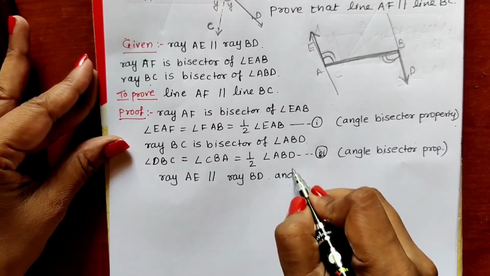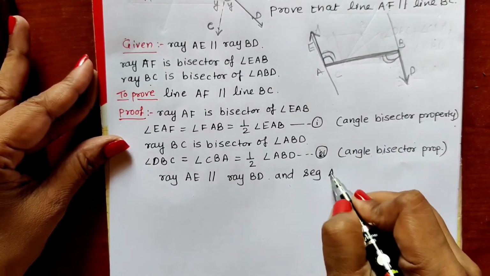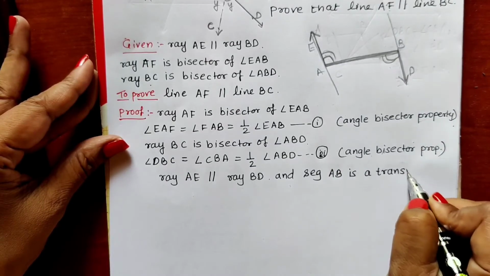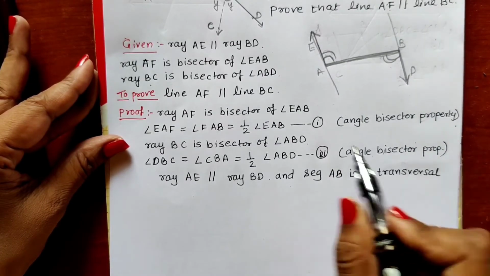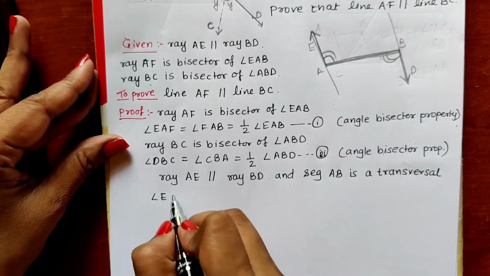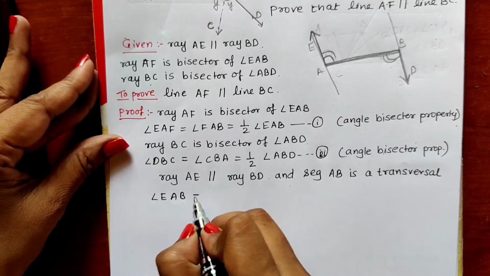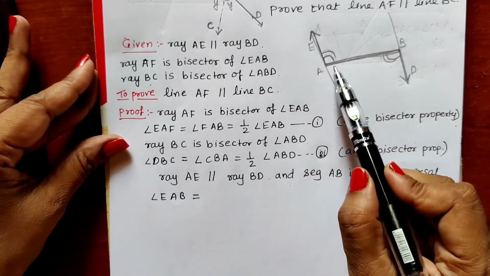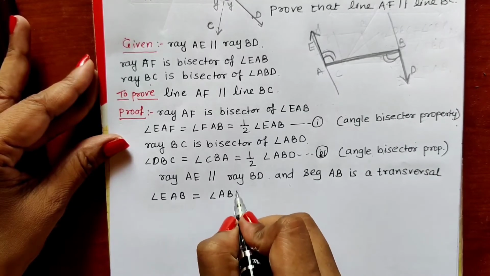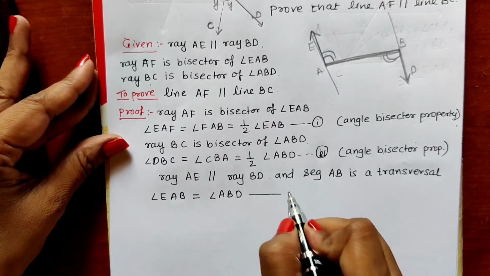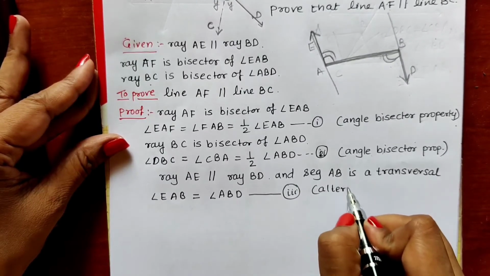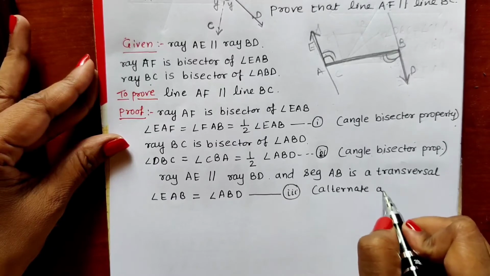And seg AB is a transversal. Therefore, these two angles, angle EAB is equal to angle ABD. This will be third. Reason is alternate angles.